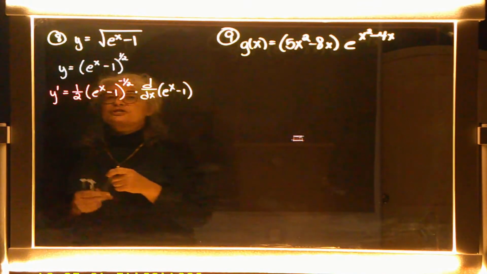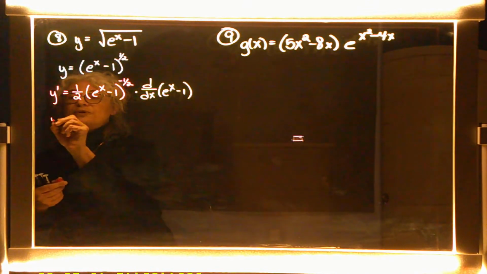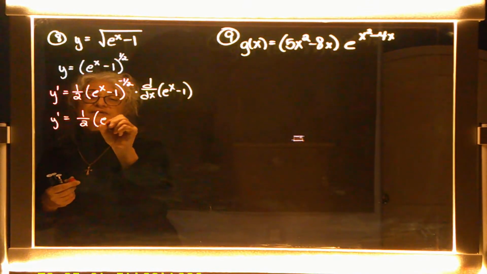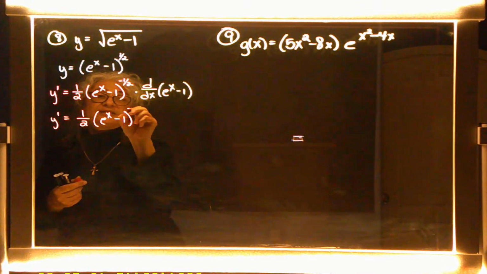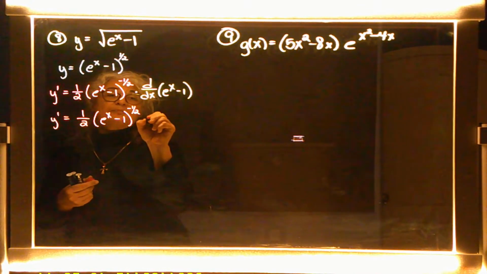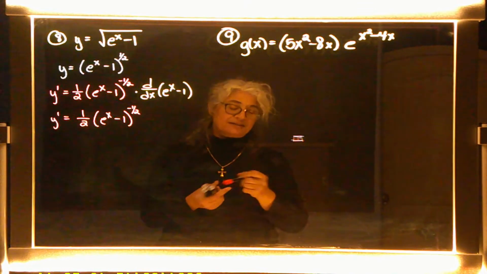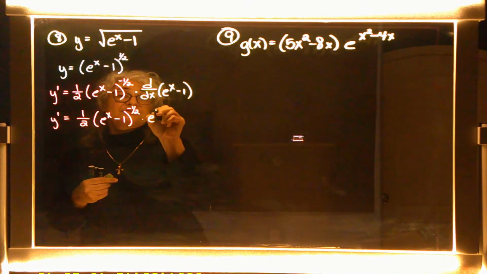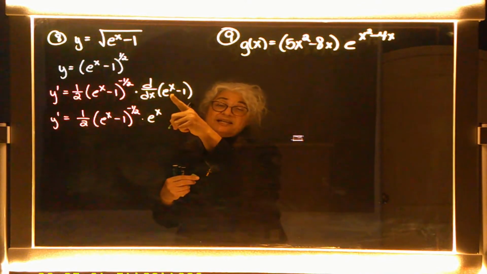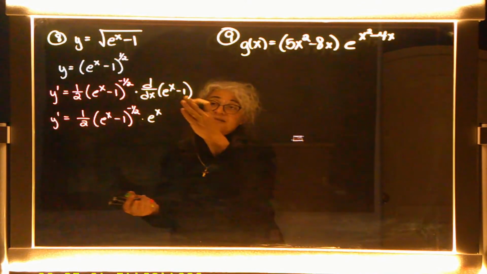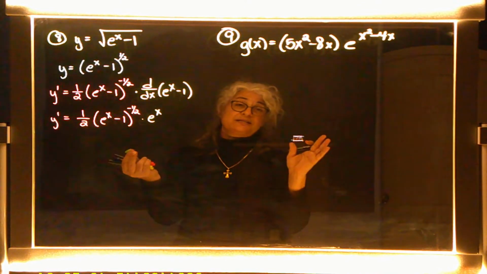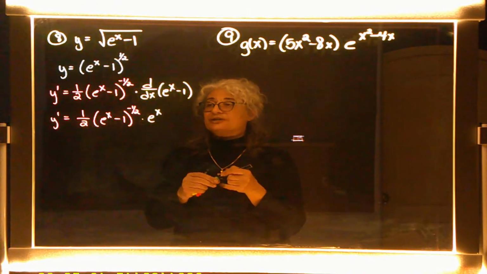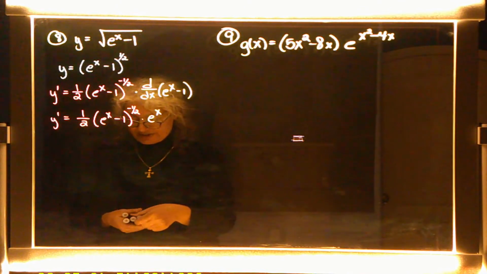Okay. So, we have 1/2 in parentheses e to the x minus 1 to the negative 1/2 power multiplied by, gratefully I'm just multiplying by e to the x, aren't I? Because the derivative of e to the x is e to the x, and since it's a subtraction problem, I'm going to look at it separately from the 1, and the derivative of 1 is 0. Loving it. All right, so let's see what this is looking like.